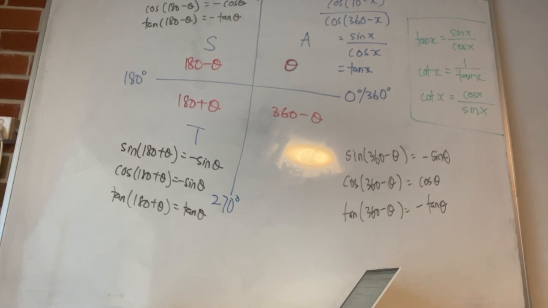And then the other one next to it, if there's no sign in between them, that means it's times it. Tan 90 minus x, that means you're looking at the 90 rule, tan 90 minus x equal to, what is it equal to? Cot x. Good.